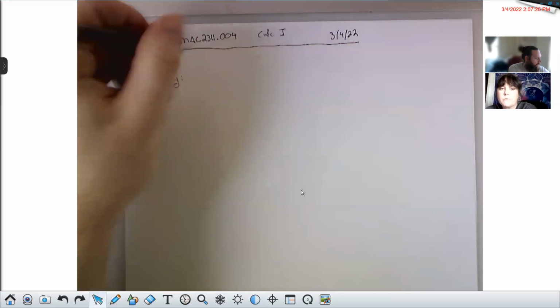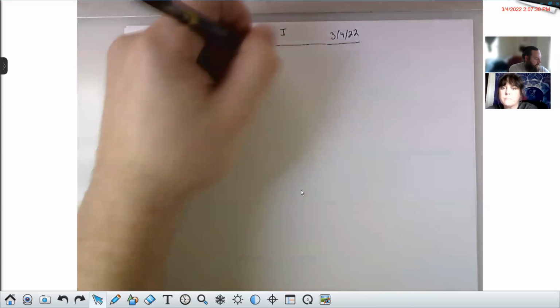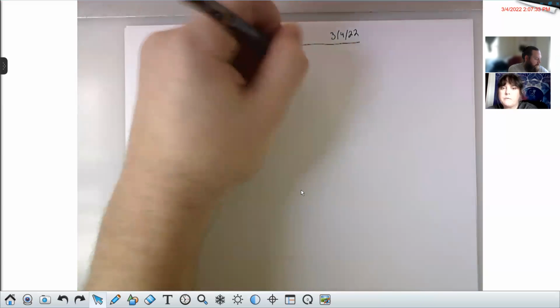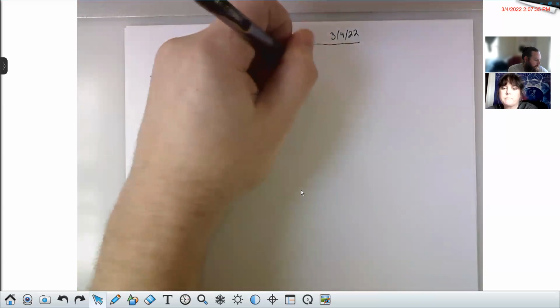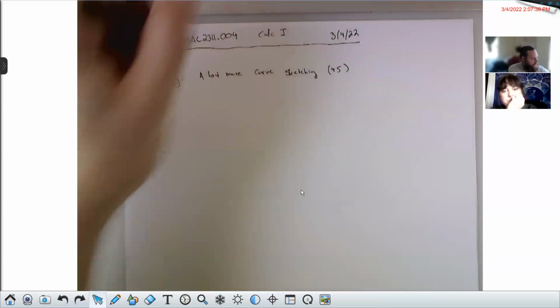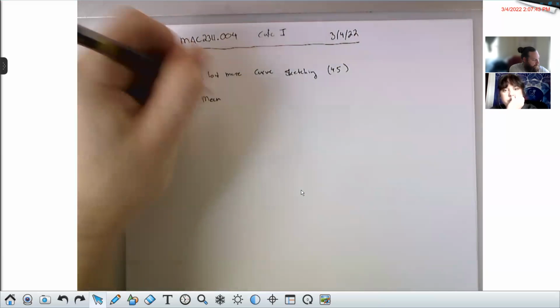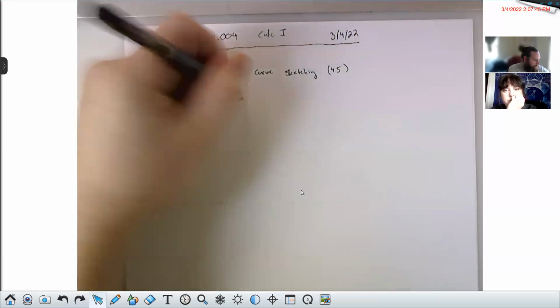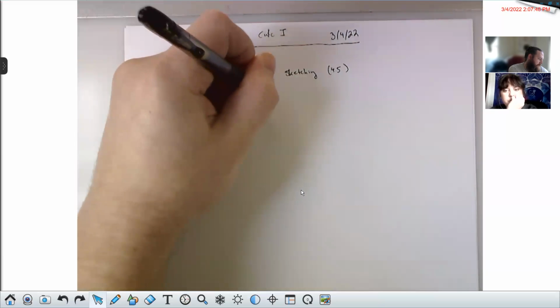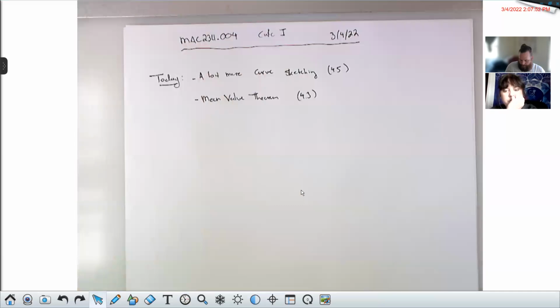Today we're going to do a bit more curve sketching, which was section 4.5. And then we're going to walk backwards to the mean value theorem, which I believe is section 4.3.